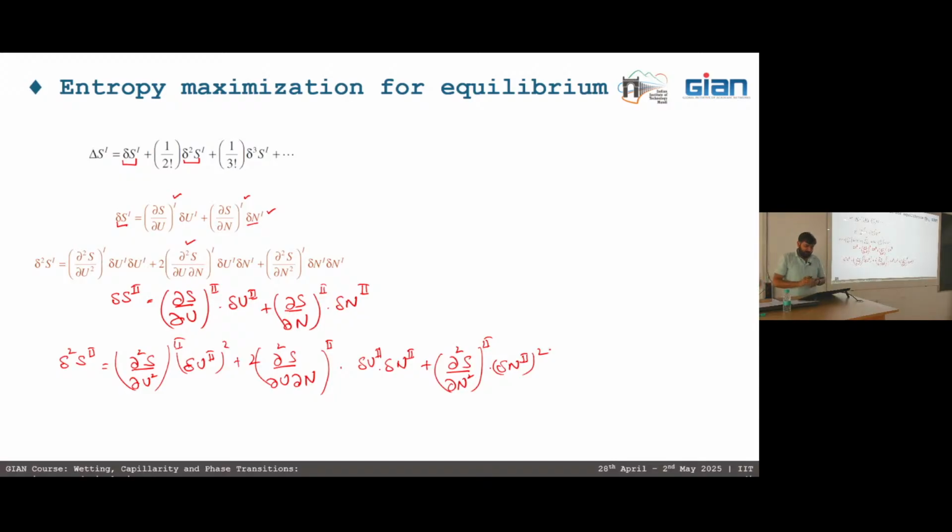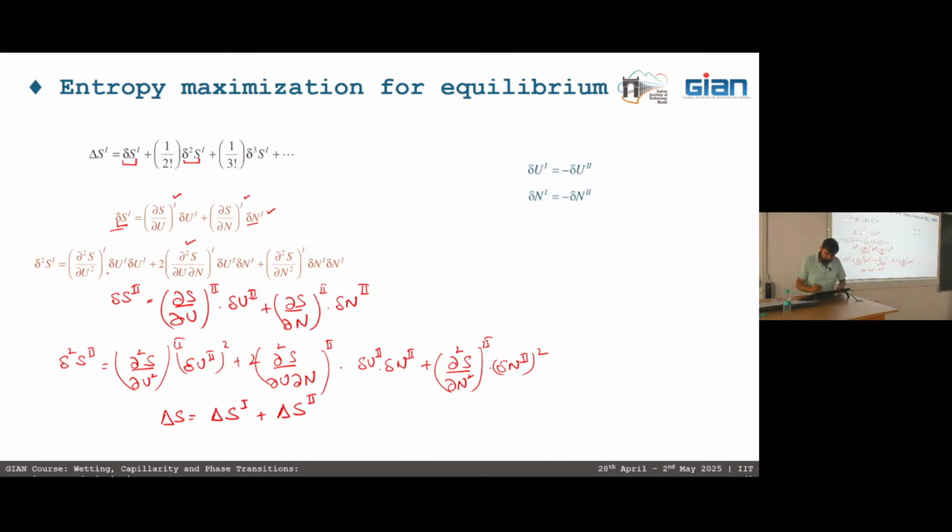Now we also know that entropy is an additive property. So entropy of subsystem 1 plus entropy of subsystem 2 will lead to the total entropy change within the system. So we can write that change in entropy is equal to change in entropy for subsystem 1 plus change in entropy for subsystem 2.